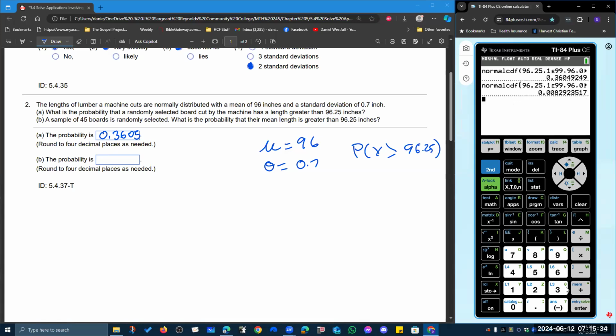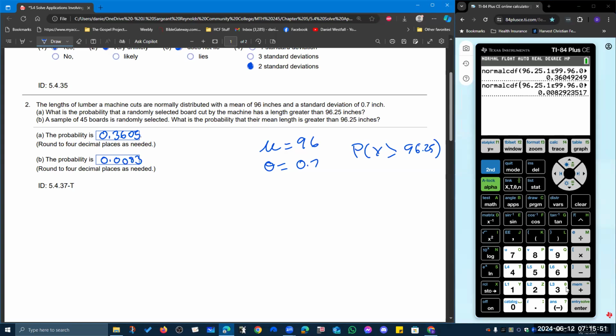We're going to paste that, and this probability is 0.0083.